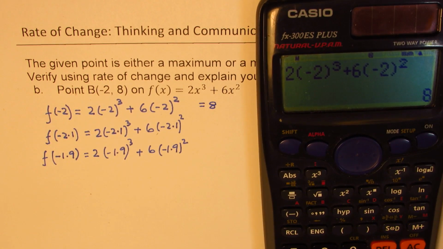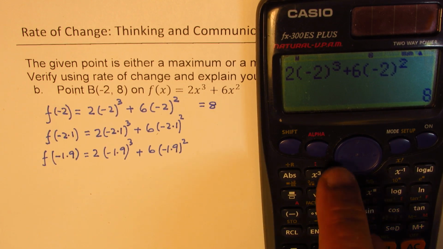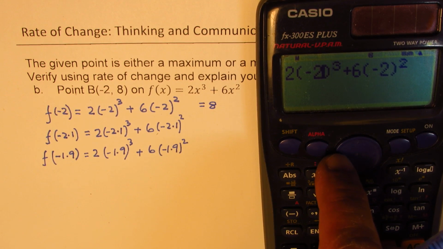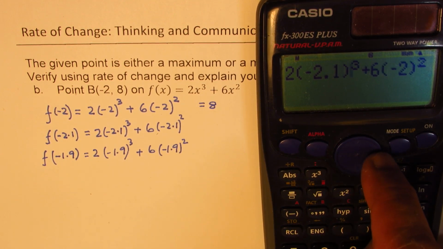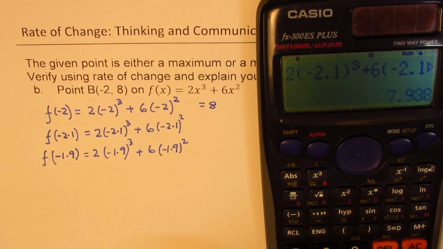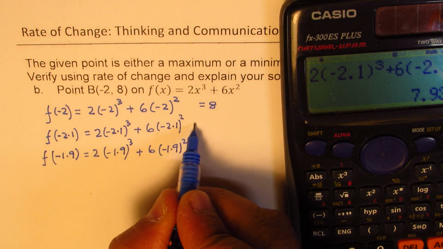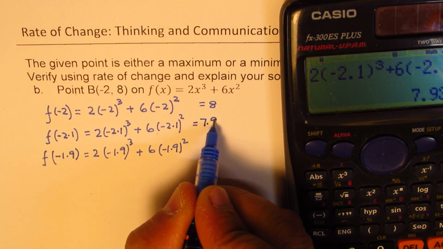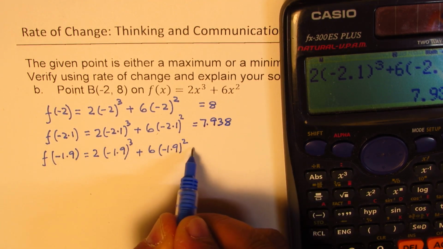Now we'll change it to -2.1, and then again calculate. The value here, in decimals, is equal to 7.938.